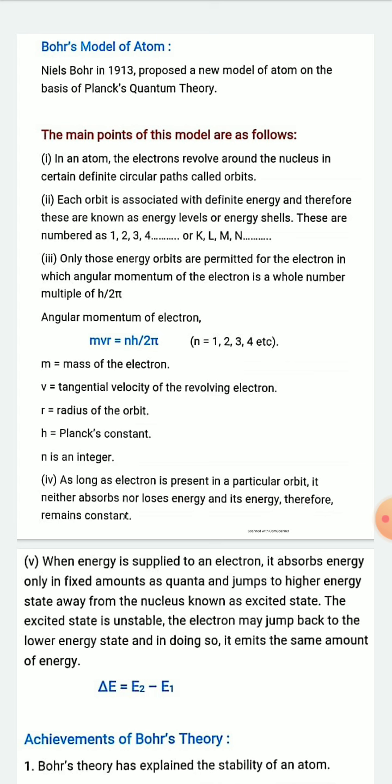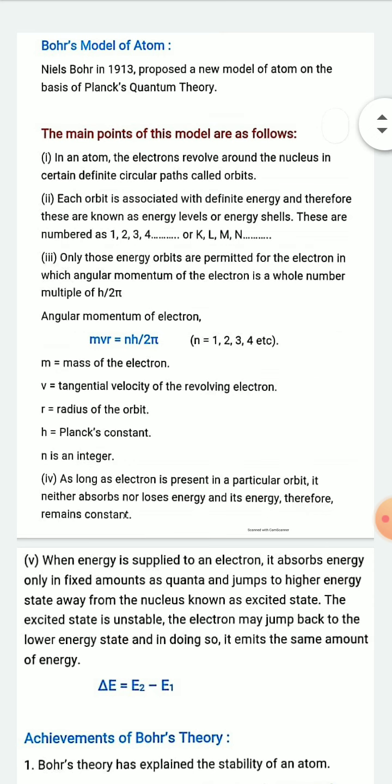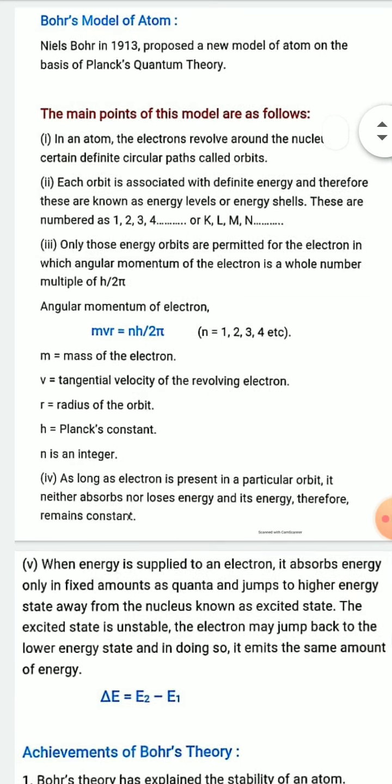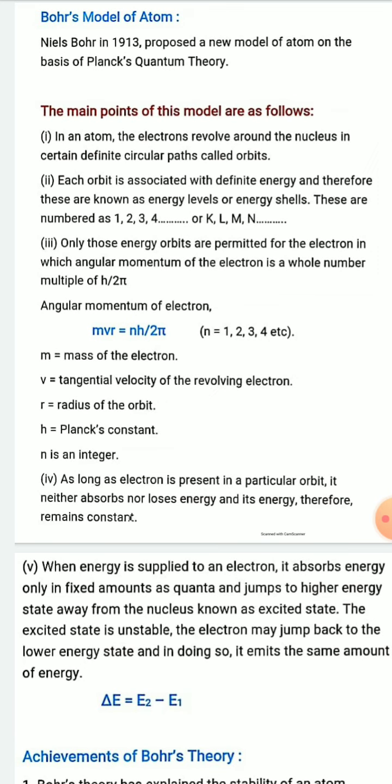The first point of Bohr's atomic theory is, in an atom, the electrons revolve around the nucleus in certain definite circular paths which are called orbits or shells, and each orbit is associated with a definite energy.